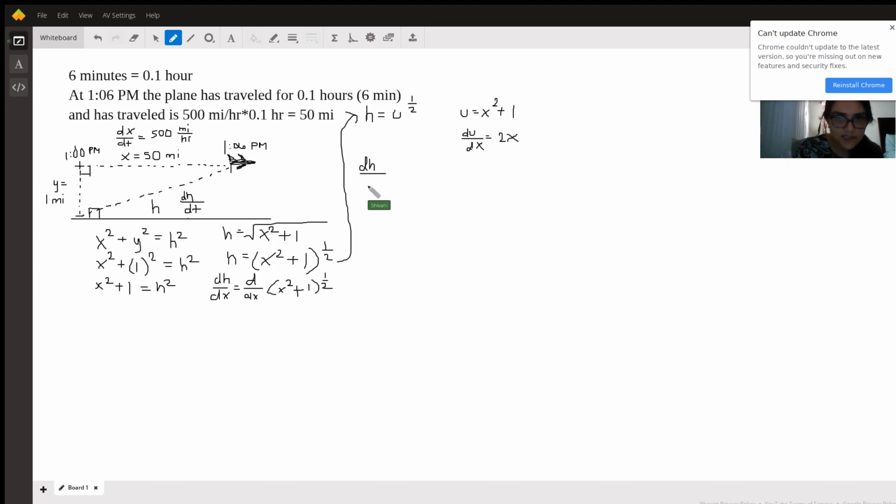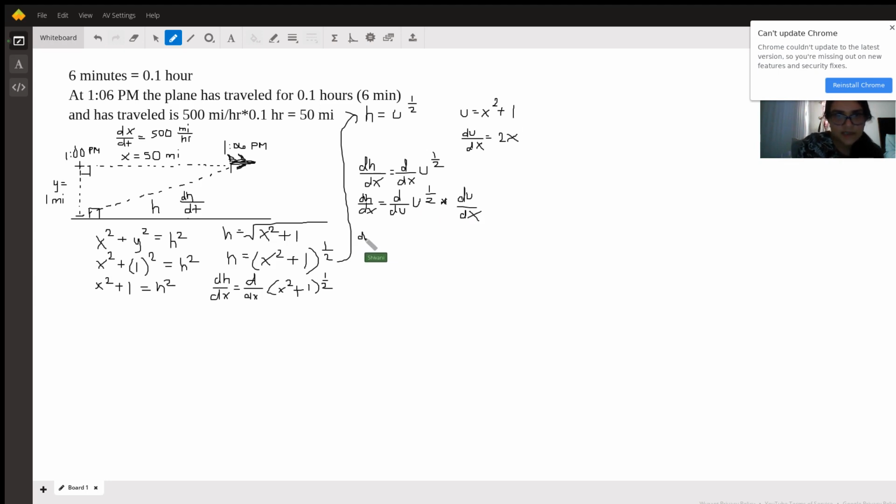So dh over dx is equal to d over dx of (x squared plus 1) raised to the 1/2 power, which is d over dx of u raised to the 1/2 power, and that would be equal to d over du of u raised to the 1/2 power times du over dx.